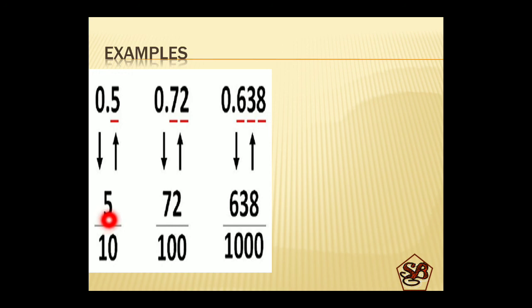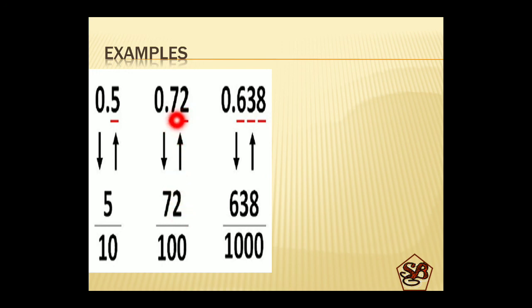This is our numerator. To decide upon the denominator, we see how many digits are there after the decimal point. Now after the decimal point we have only 1 digit. So our denominator will be 10, as 10 has only 1 zero in it. Moving on to next, 0.72. 72 will become our numerator.